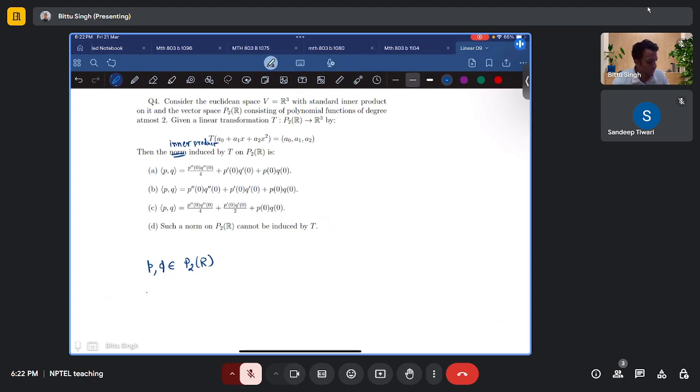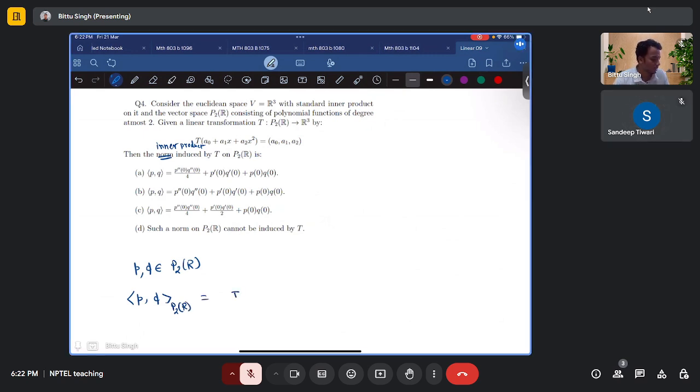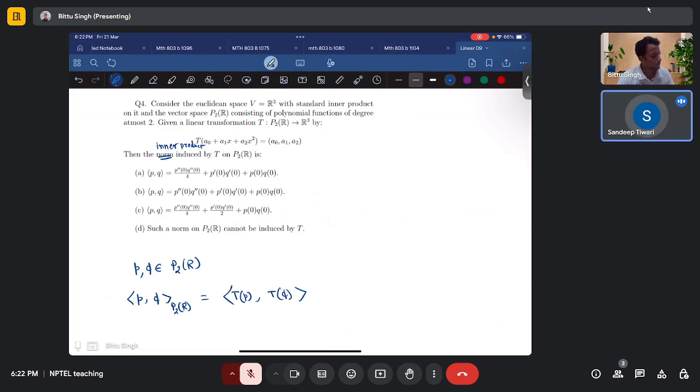Then the inner product of these two polynomials, P comma Q, will be defined by T of P comma T of Q, because we already know what the inner product in R3 is.